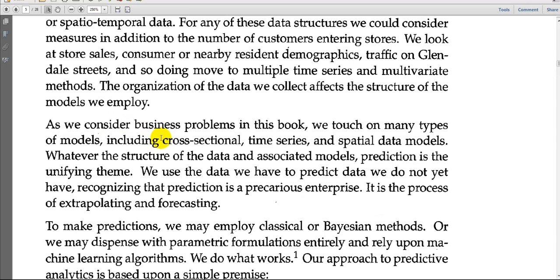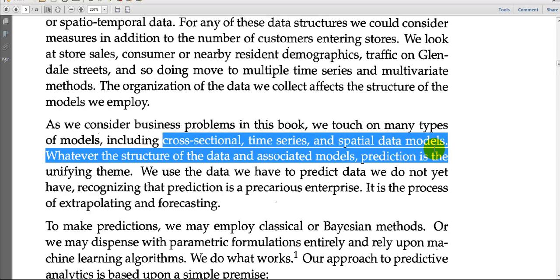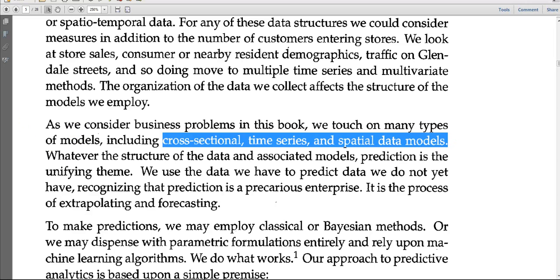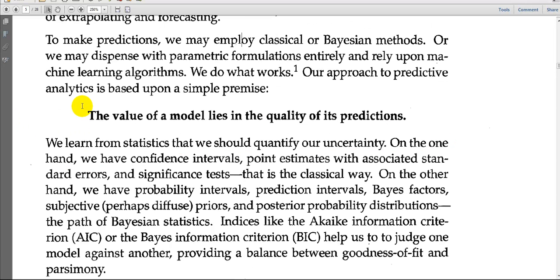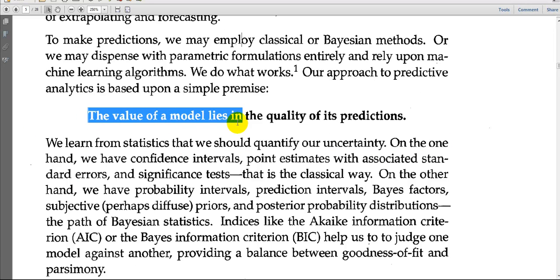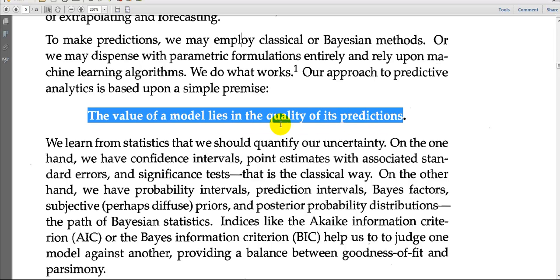He says that in this book we're going to consider these many different kinds of data. And he says we're going to use this as kind of our approach. The value of a model lies in the quality of its predictions. That's not exactly a traditional approach. If you look at the theory of economics or other sciences, they don't necessarily strictly adhere to this.